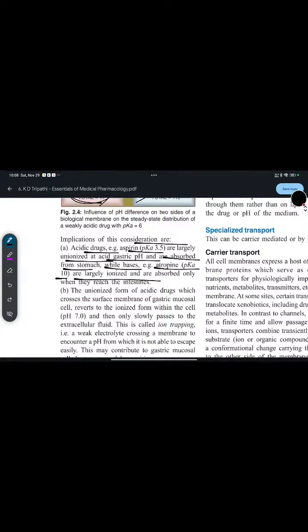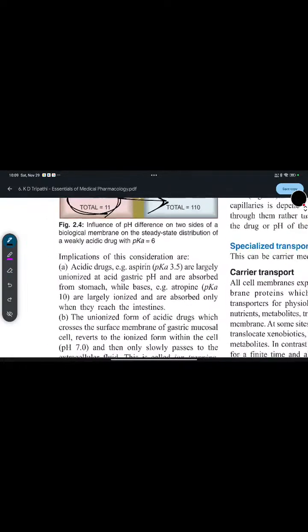So if a drug has a higher pKa value, it will be absorbed in the intestine in alkaline medium, and if a drug is acidic in nature, it will be absorbed in acidic medium. The acidic medium in GIT is the stomach, and the alkaline medium in GIT is the intestine.